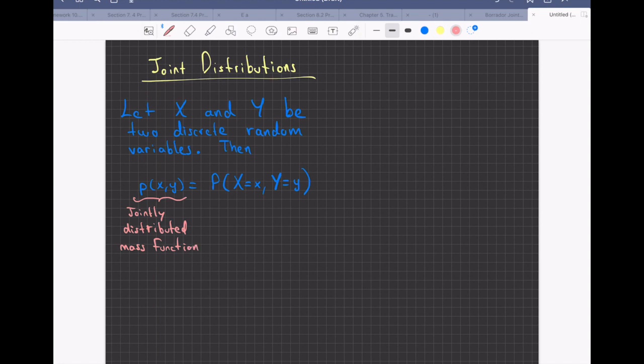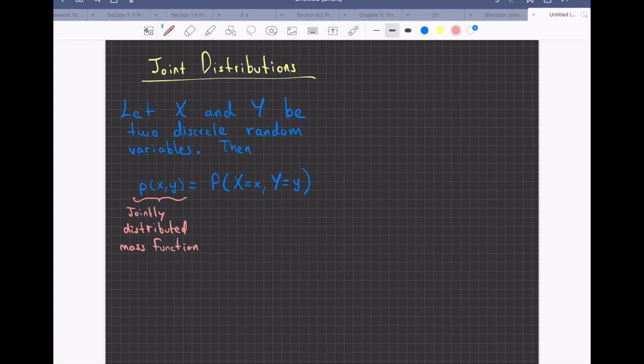So in other words, we are given two discrete random variables. We are defining a new mass, or a probability distribution, such that it returns the probability that X equals x and that Y is equal to y, at the intersection, or at the same time.